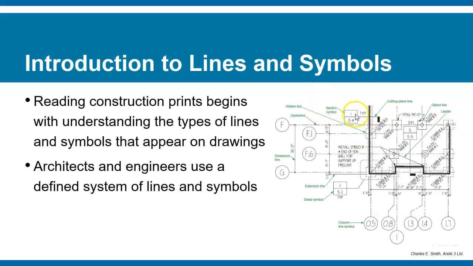And then over here we see an example of an object line. So this solid line that goes around here represents that particular object in the floor plan. And in this particular case, that object would be a T/F, so something /FTG, which would be, I would guess, a footing.